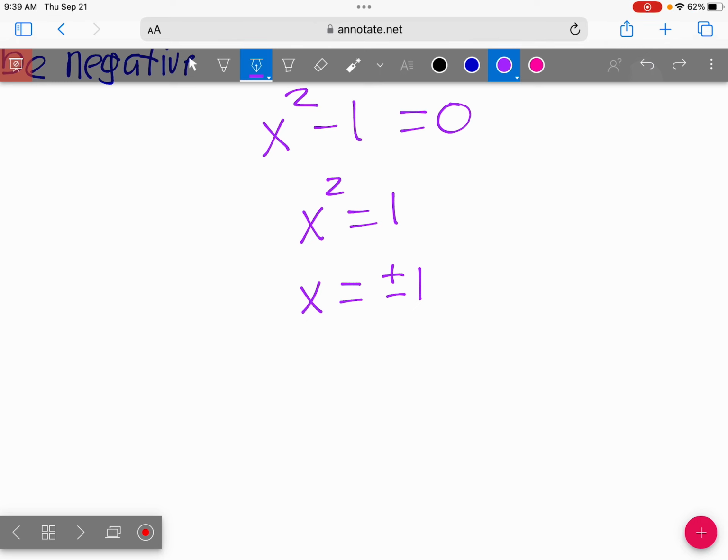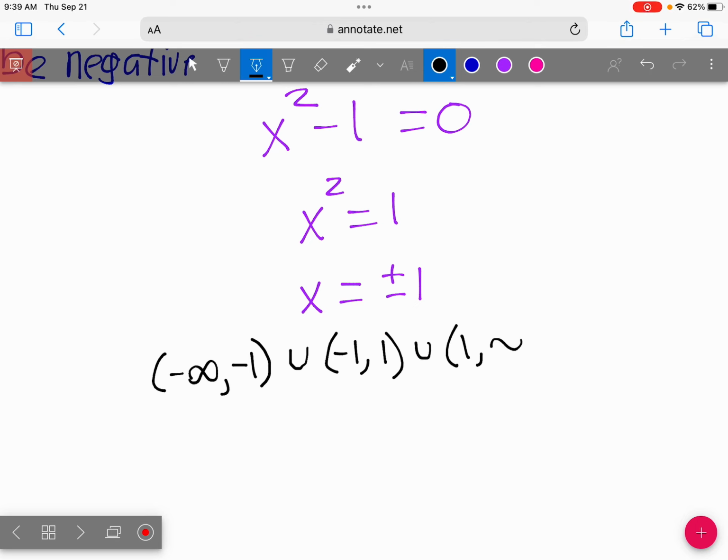So, couple of different ways to write it. We could do it the interval way, where we go from negative infinity to negative 1 with a parentheses. Join it with everything between negative 1 and positive 1, and then everything bigger than 1. That is one way to write it.